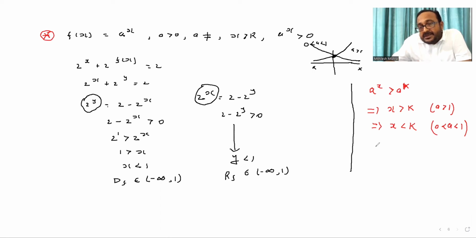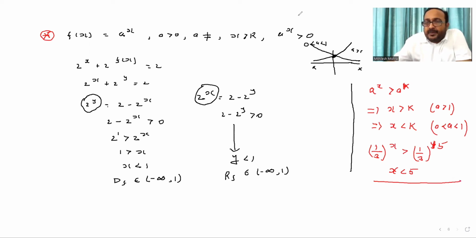As 1 by 3 to the power x is greater than 1 by 3 to the power 5, then x is less than 5, because the base a lies between 0 and 1. It's clear? So always remember these points, very important points. Clear? Let us see the next point.